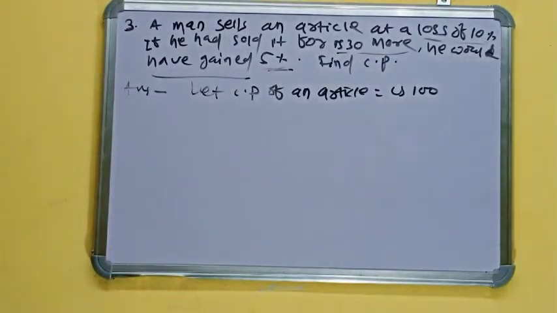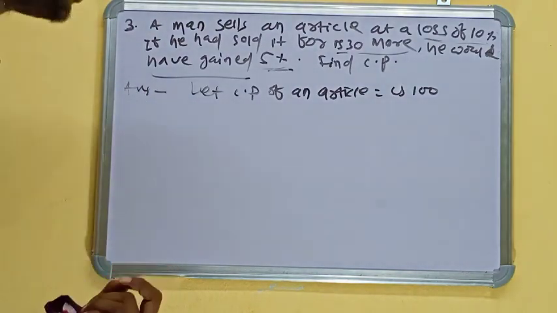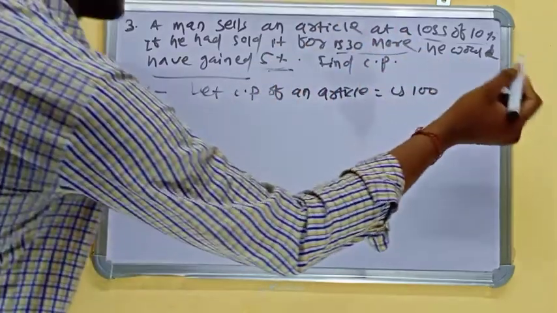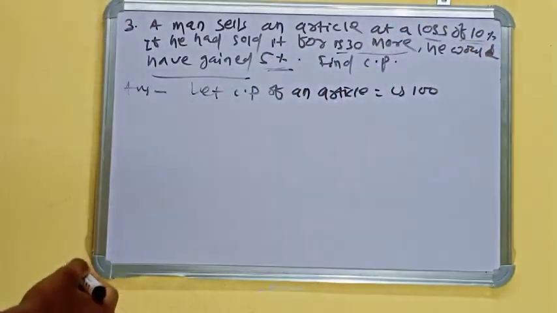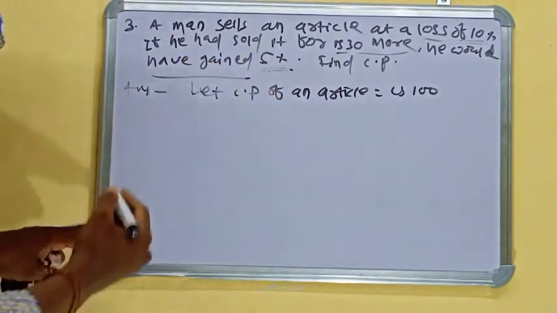Rupees 100. Next, we find the SP at a loss of 10% and at a profit of 5%.